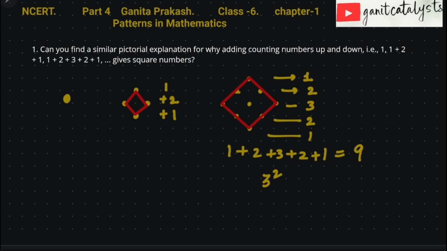This is how we can find square numbers, and these square numbers are counting numbers up and down. The next number would be 1 plus 2 plus 3 plus 4 plus 3 plus 2 plus 1, which is 9 plus 7, that is 16. 16 is 4 square.